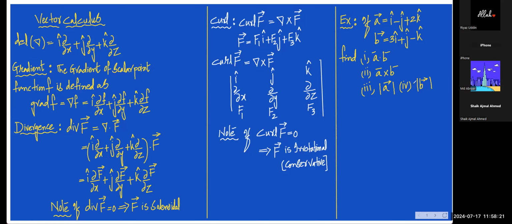If I can see here, there are 3 students in my class right now. Everyone give the answer.